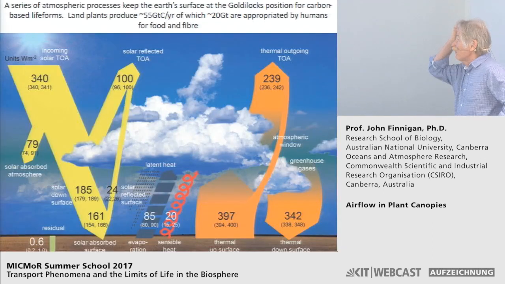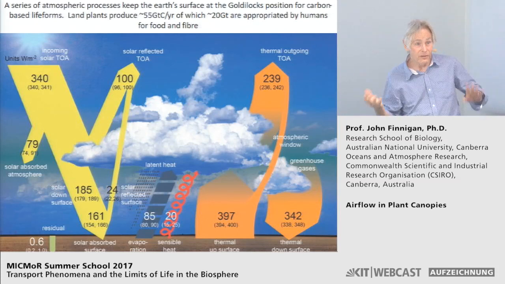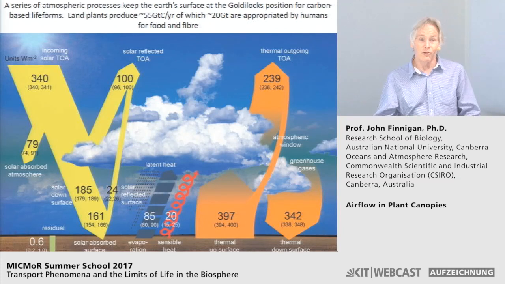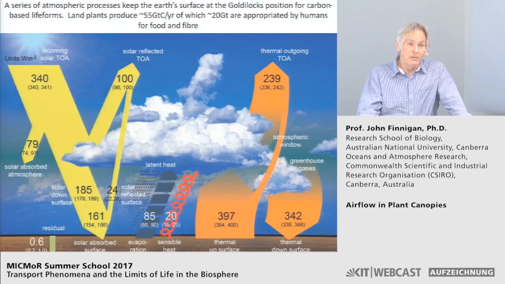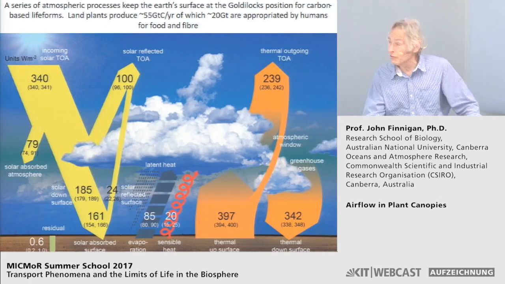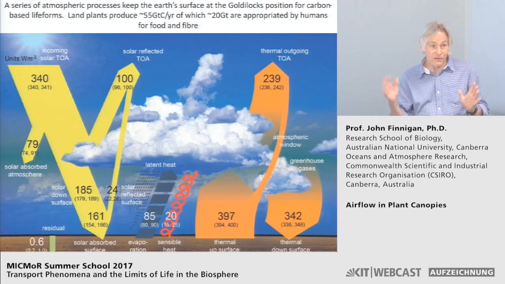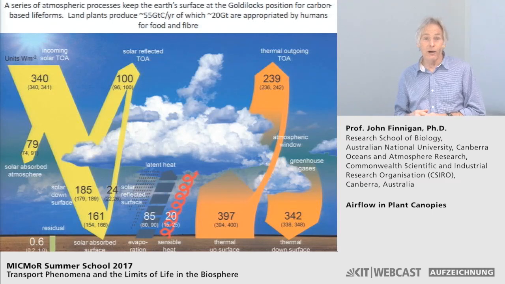Let's start. The Earth's surface is in this Goldilocks position. You know, Goldilocks and the three bears, where the right porridge is not too hot, not too cold, but just right. So the surface of the Earth is at this Goldilocks point for carbon-based life forms.